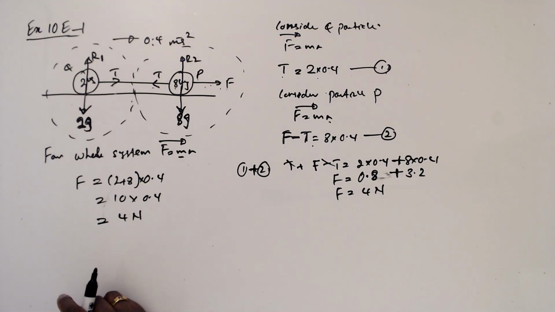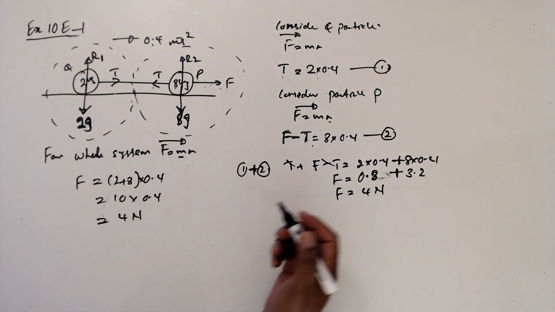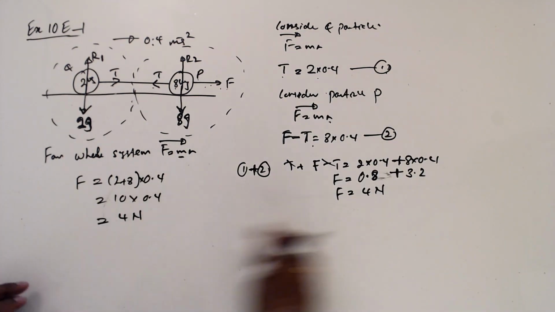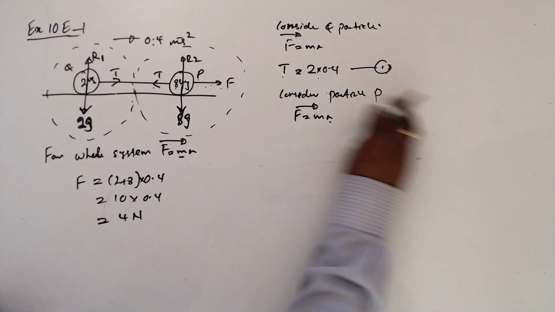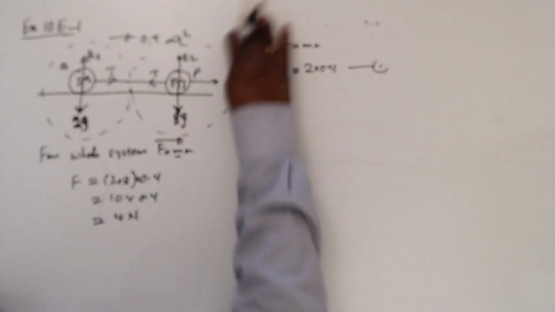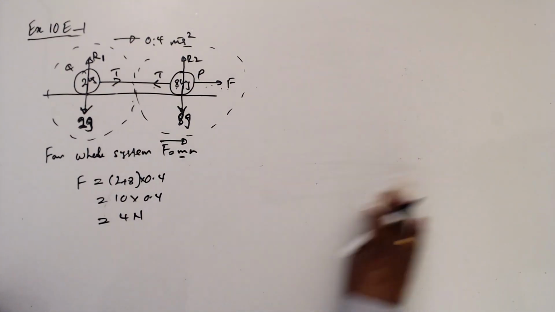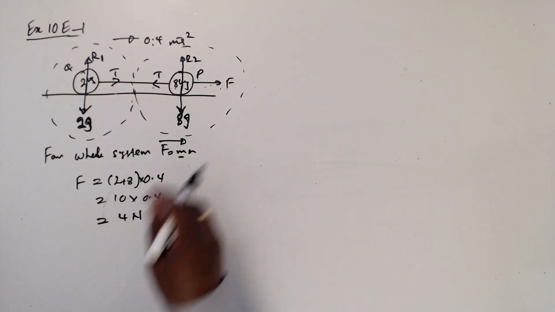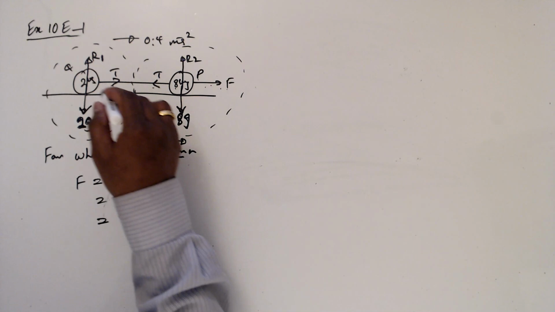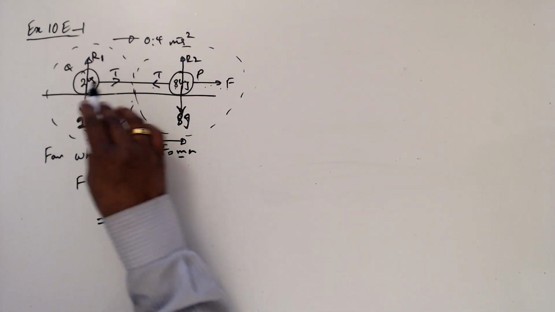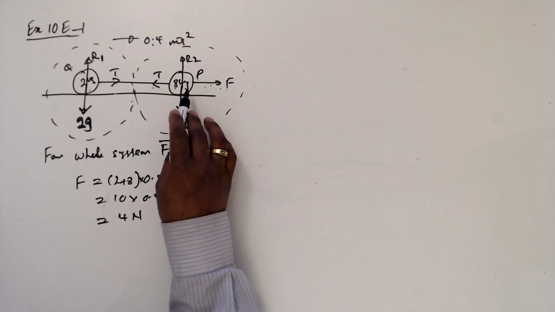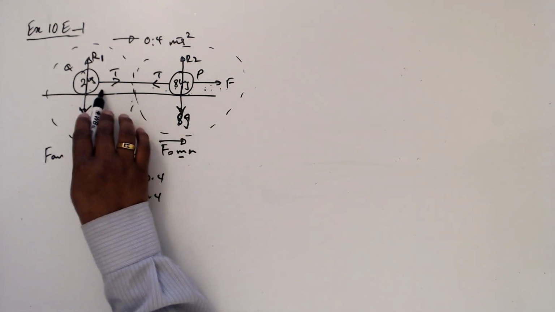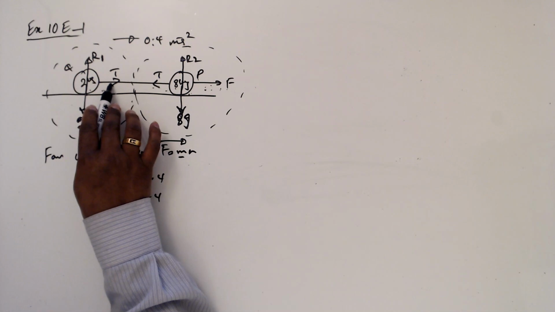Part B is find the tension of the string. So actually we worked it out already, but if you did not work in this way, then you work out and you get F. Now you want to find the tension, then you put F equals ma to either this one or this one. When I look at this, there are two forces there, but here there is only one force, that is tension.